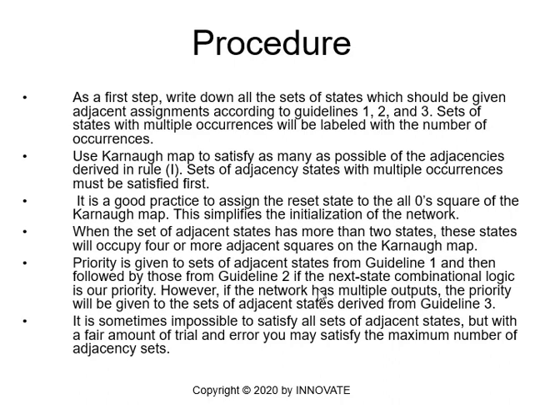However, if the network's multiple outputs are the priority, we will put priority on guideline 3. It is sometimes impossible to satisfy all sets of adjacent states, but with a fair amount of trial and error, we can satisfy the maximum number of adjacency sets.